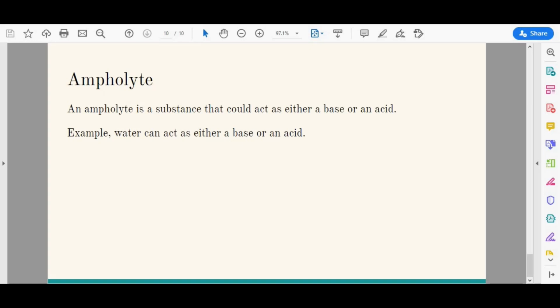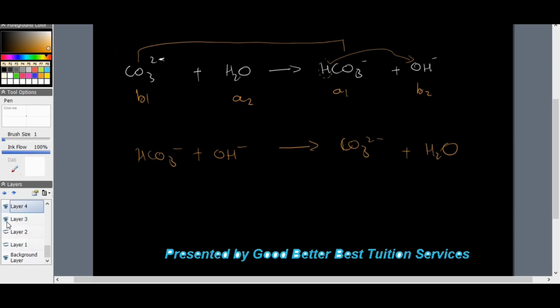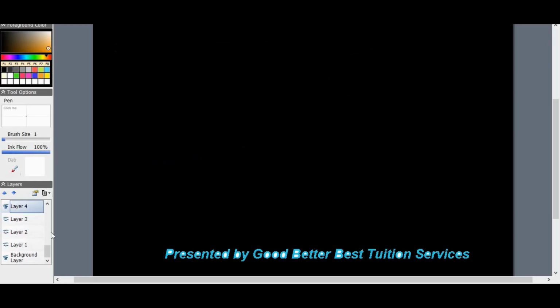And if we have a look at the example of how water acts as a base, when we have HCl, which we can clearly define as the acid, plus water, H2O, water here acts as the base, okay?